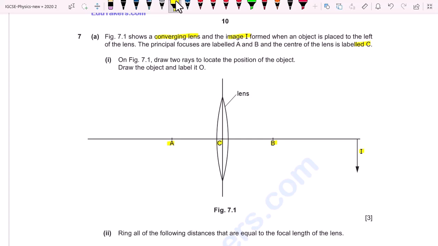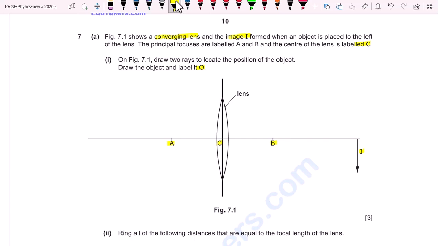Part 1. On figure 7.1, draw two rays to locate the position of the object. Draw the object and label it with O. First of all, we know that when we draw the diagram and form the image, there are basically three rays. The first ray is parallel to the optical axis. This straight line represents the optical axis.